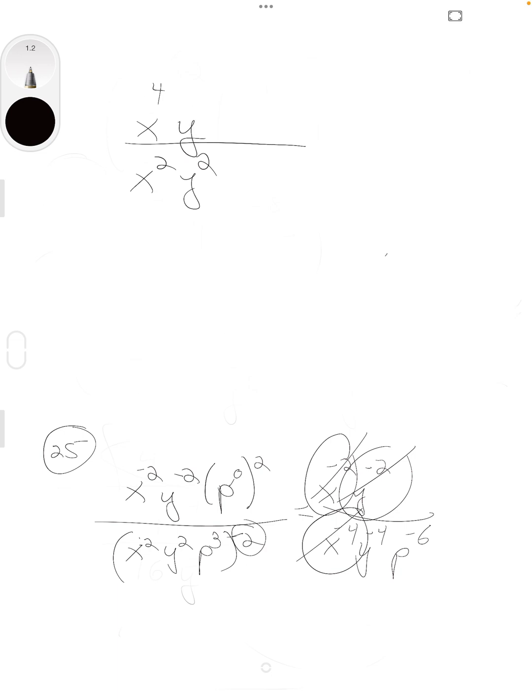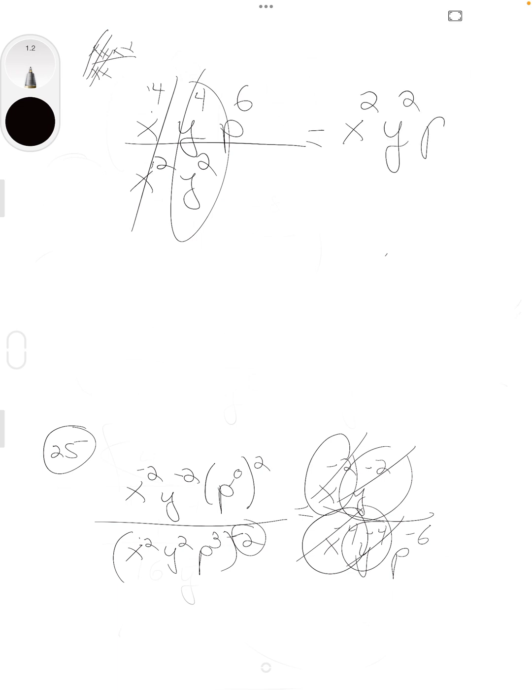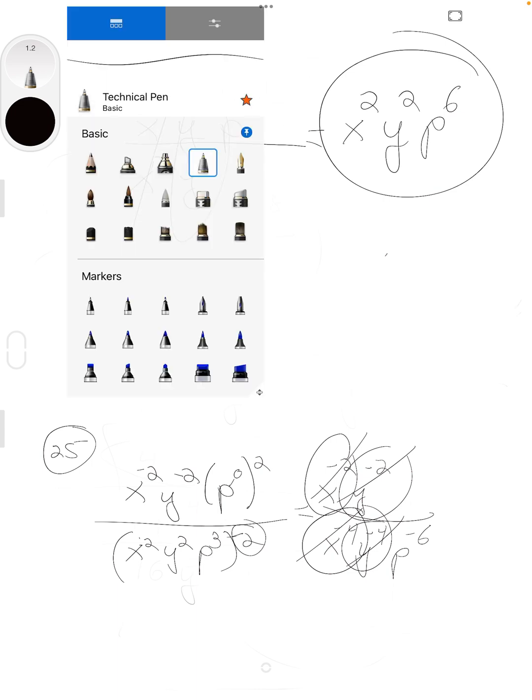This goes to the top as y to the 4th. And this goes on the top, p to the 6th. Well, this becomes x to the 4th over x squared. Remember, that's just x times x times x times x over x squared. Those cancel. 4 minus 2 is just x squared. So that's those. Similarly, that. And that's the answer to question number 25.